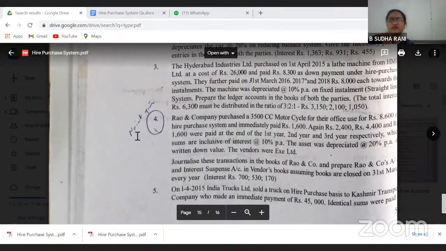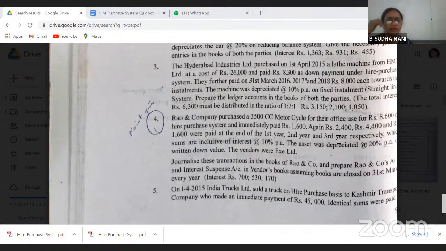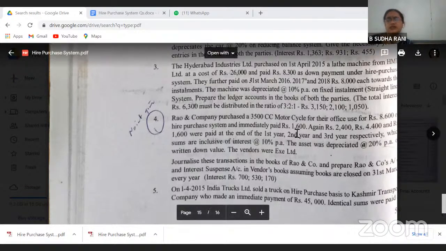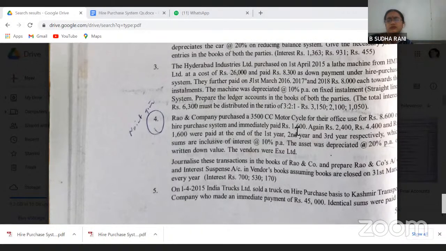2, 4, 6, 7, 8, 8,400. 8,400 he paid. Plus 1,600 if you add, 11,000 is the hire purchase price.